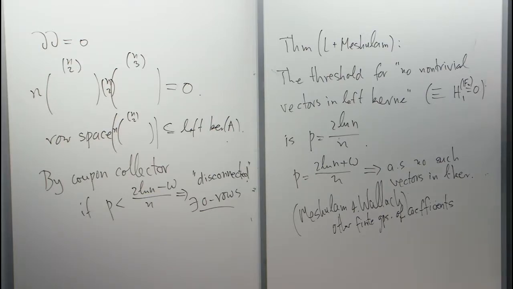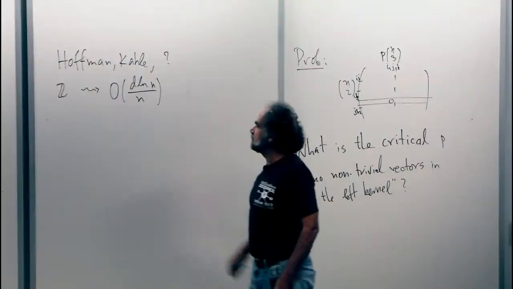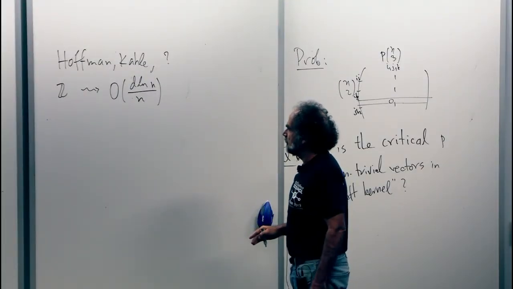There are three authors, perhaps some people here know. Hoffman, Kahle, and my apology for not remembering the name of the third person, just a few days ago posted on arXiv. They showed that the threshold over the integers is of order D. In general dimension D, we also know the same thing. So they showed the right order of magnitude also with integer coefficients, but let's not even go into that.